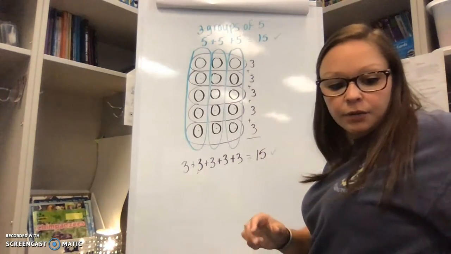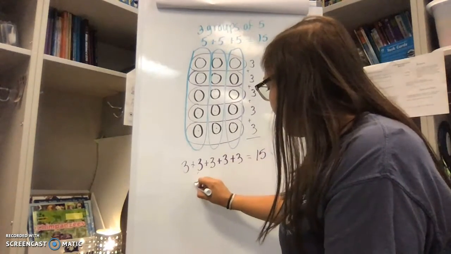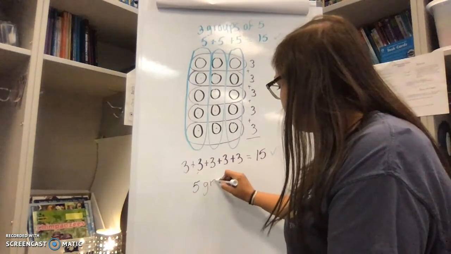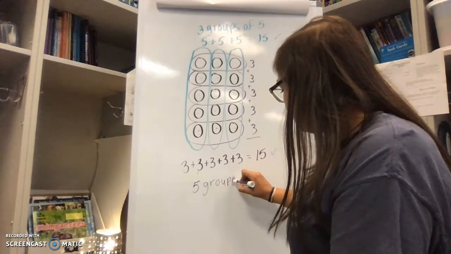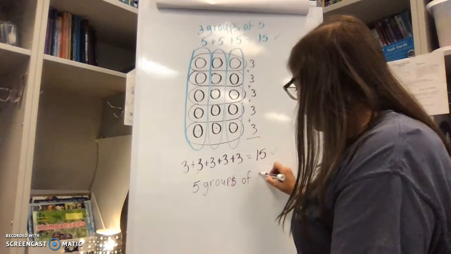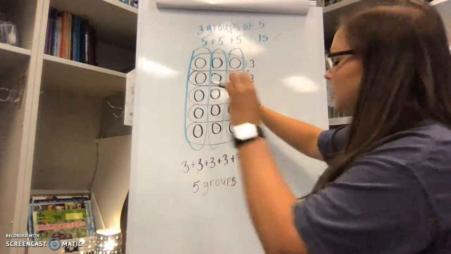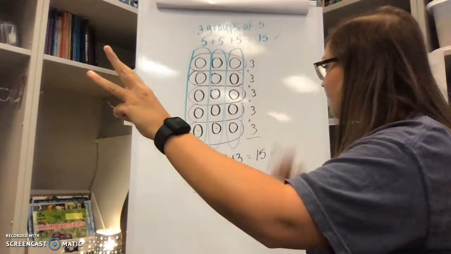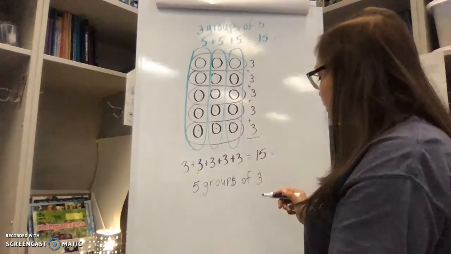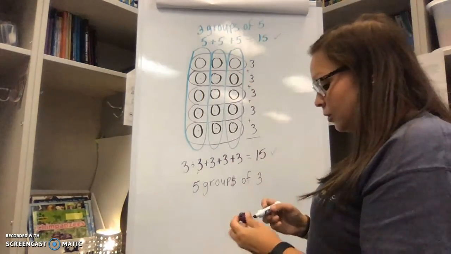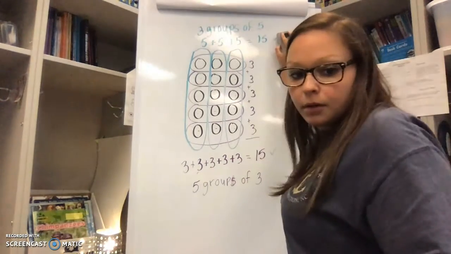And down here, if we're doing it by rows, I have 5 groups of 3. 1, 2, 3, 1, 2, 3, 1, 2, 3, 1, 2, 3, and 1, 2, 3. So those are 2 ways to do an array. Let's do one more together.